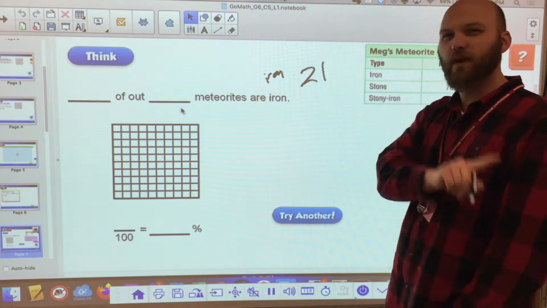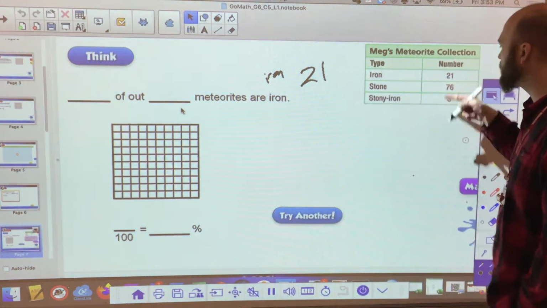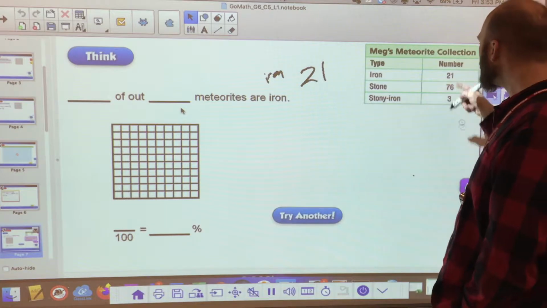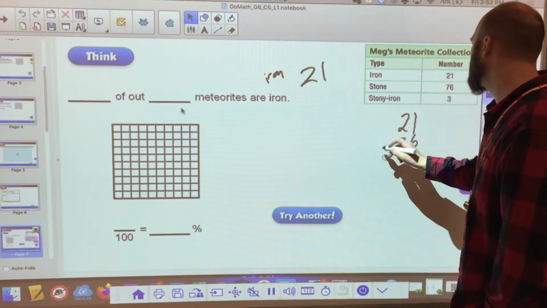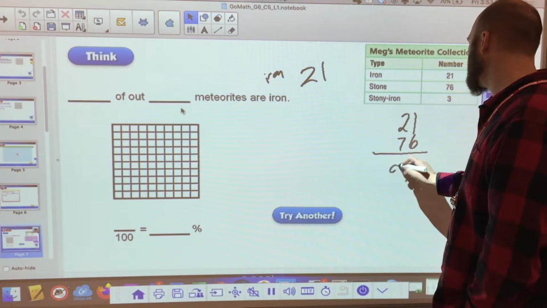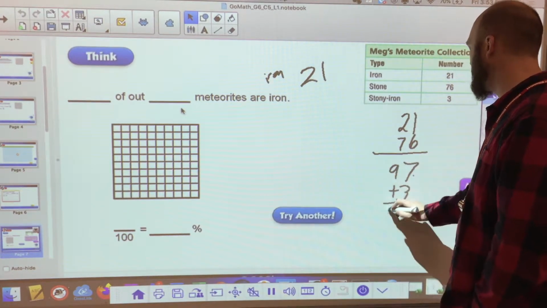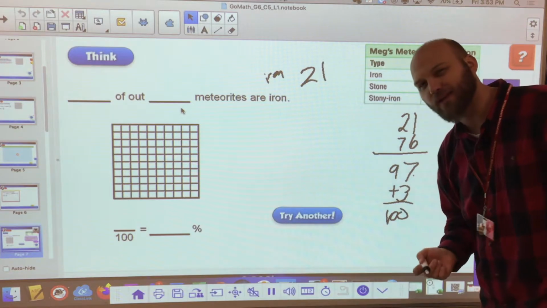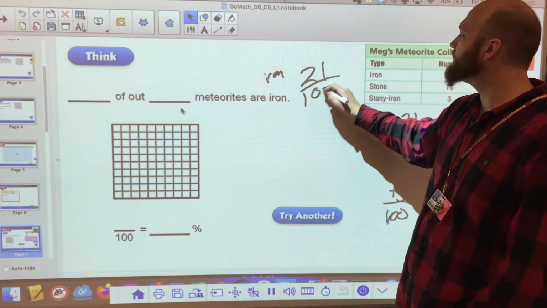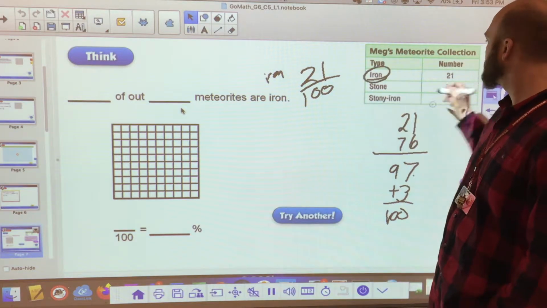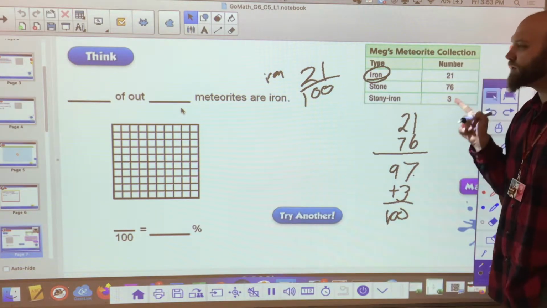Well, if this were a ratio, I would need to know the total number over here. I end up with 21 plus 76, which gives me 97, plus 3 more for stony iron, and I have 100. It's probably not a coincidence, it just makes this easy. So 21 out of 100 are iron. It says so right here in this number. 21 out of 100.